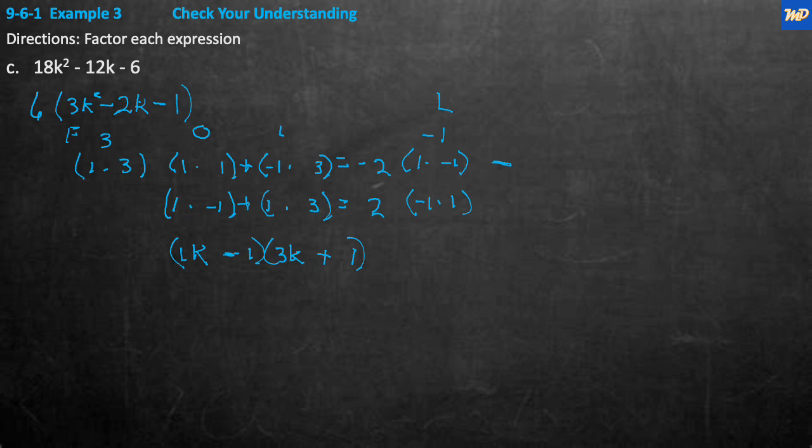So we're going to do 18k squared minus 12k minus 6 is equal to 6 times k minus 1 times 3k, rather, plus 1. Now that's our solution.